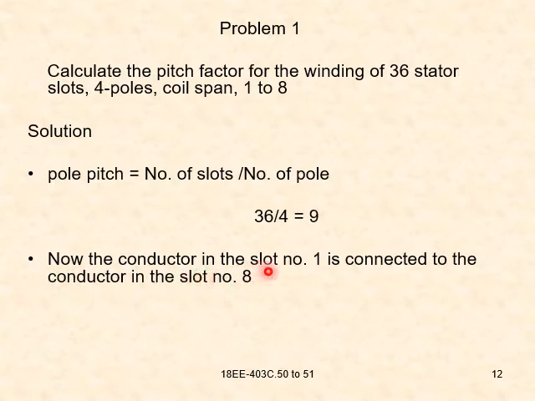Now the conductor in slot number 1 is connected to the conductor in slot number 8, that is given here as 1 to 8. But we got the pole pitch as 9. So therefore coil span is equal to 8 minus 1, which is 7.